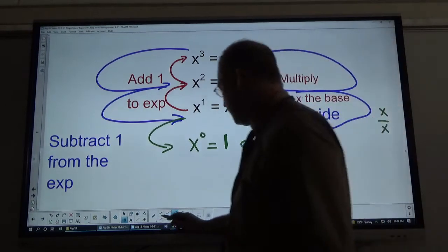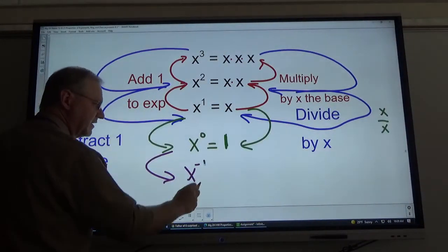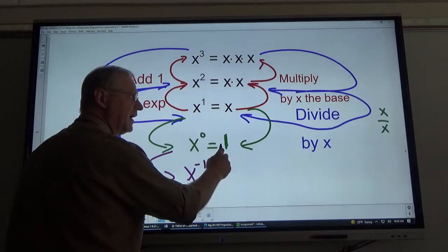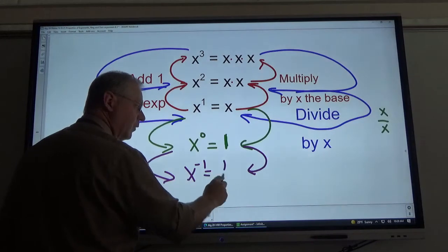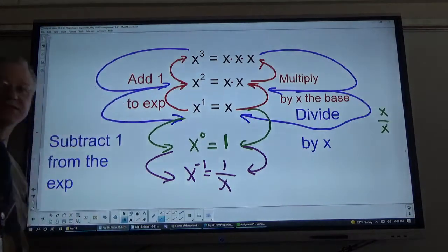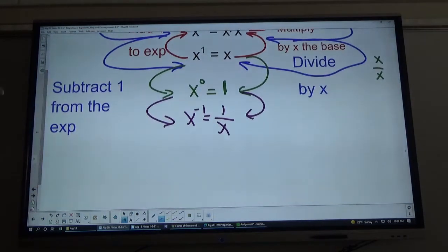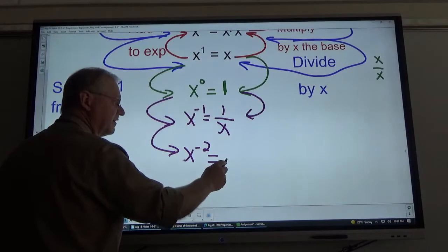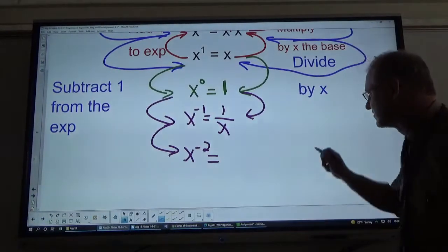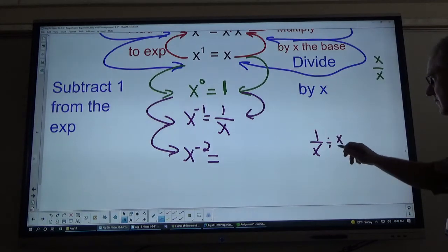Well, if I continue to go down, I get x to the negative 1. I said I'm dividing by x each time, so 1 over x is dividing by x. There's your value. If I were to continue to go down, x to the negative 2, well, let's think about this. 1 over x divided by x.